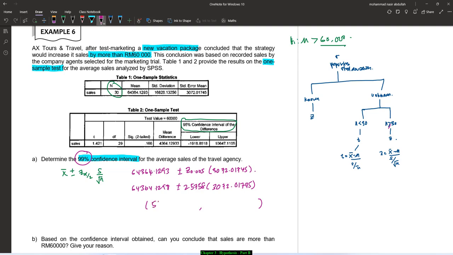Yes. 56451.223 lah. It's supposed to be like this. You need to know how to use the calculator. This is very basic. Guna calculator, takkan nak ajar kot.